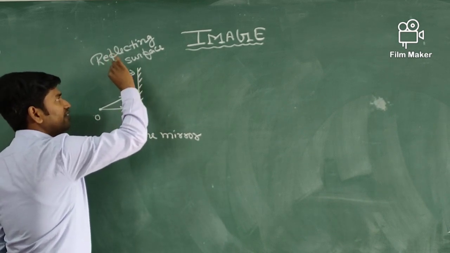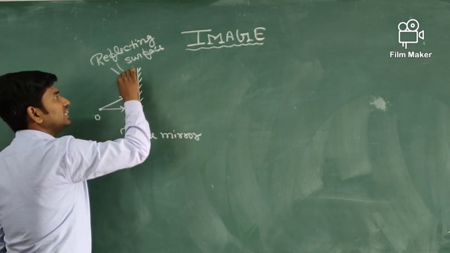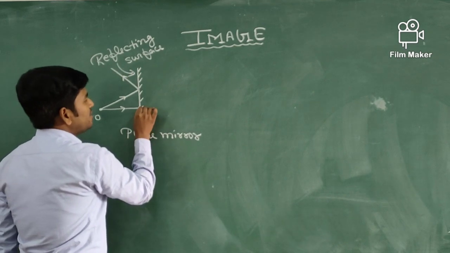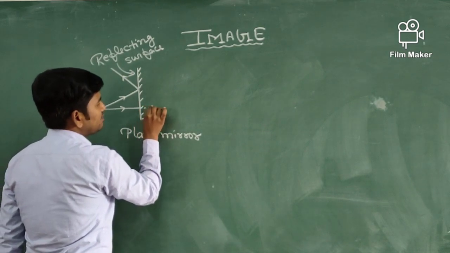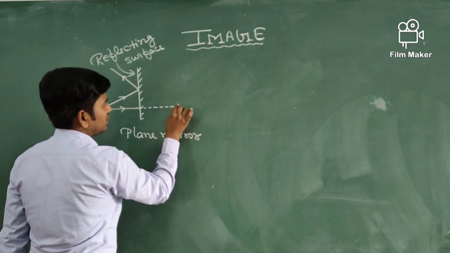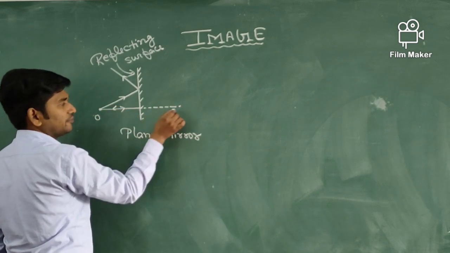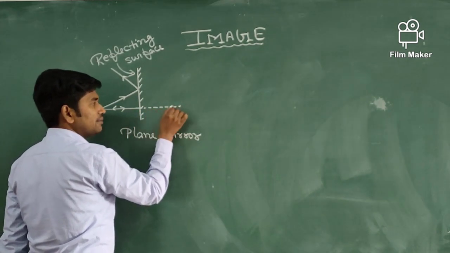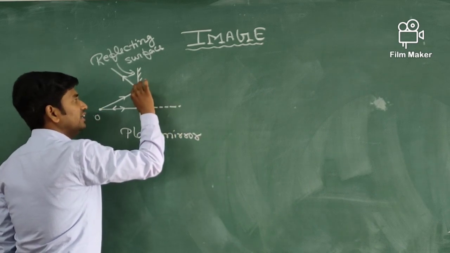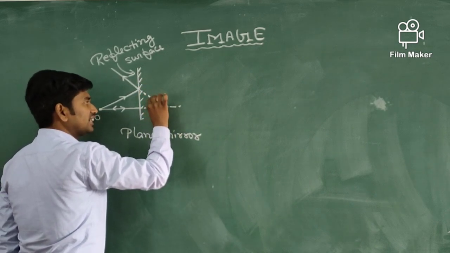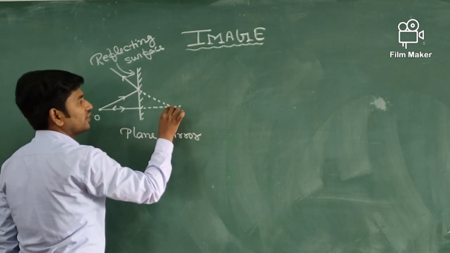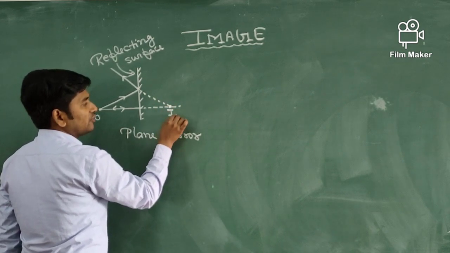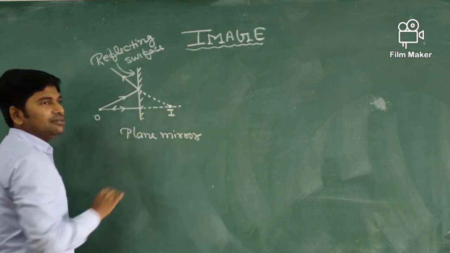According to the laws of reflection, they will travel in these directions. When we extend these reflected rays in the backward direction, we find that from this point I, the image is formed.